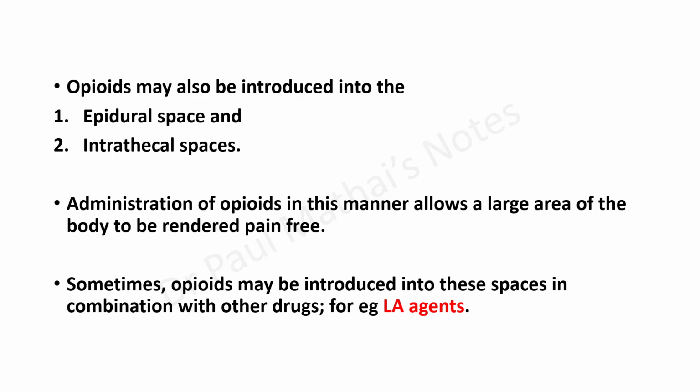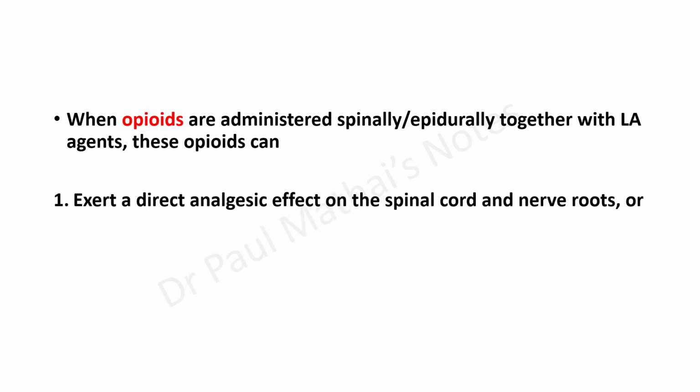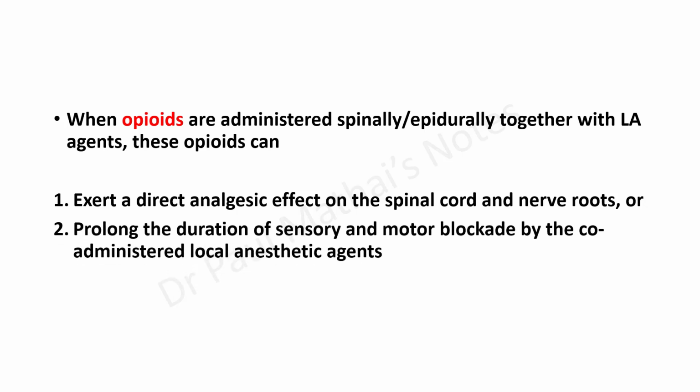Sometimes opioids may be introduced into these spaces in combination with other drugs, most notably local anesthetic agents. When opioids are administered spinally or epidurally together with local anesthetic agents, these opioids can exert direct analgesic effect on the spinal cord and the nerve roots, and they can also prolong the duration of sensory and/or motor blockade by the co-administered local anesthetic agents.